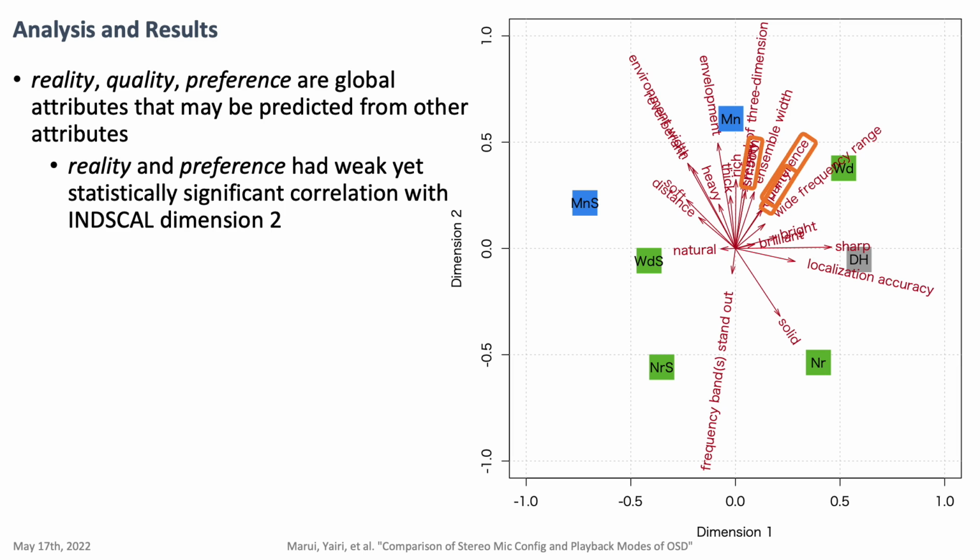Reality was translated from Japanese term rinjoukan, which literally means sense of being there. And to our surprise, dummy head recording was not in the direction of reality. These attributes are not strongly correlated with IND-scale dimensions, but may be predicted from other lower-level attributes.